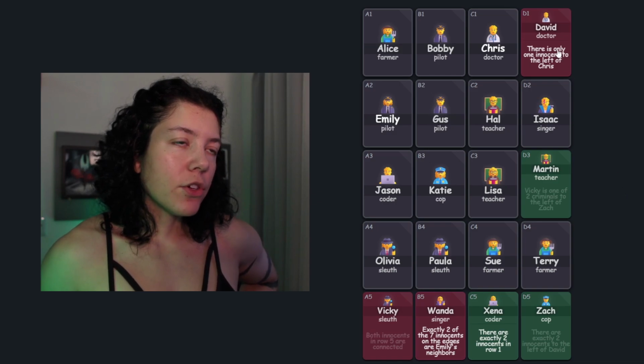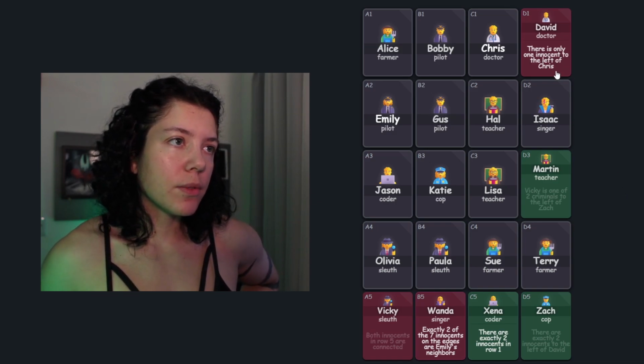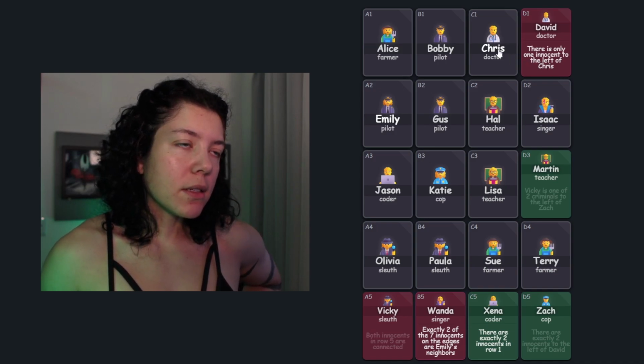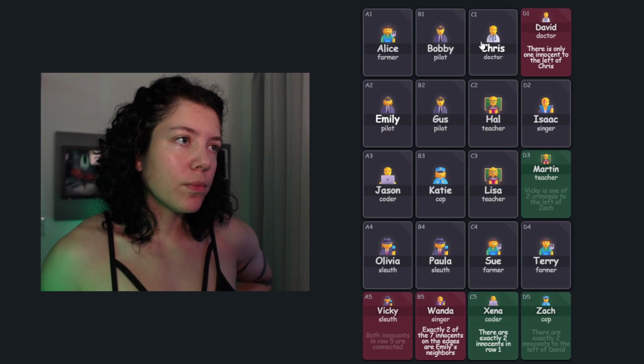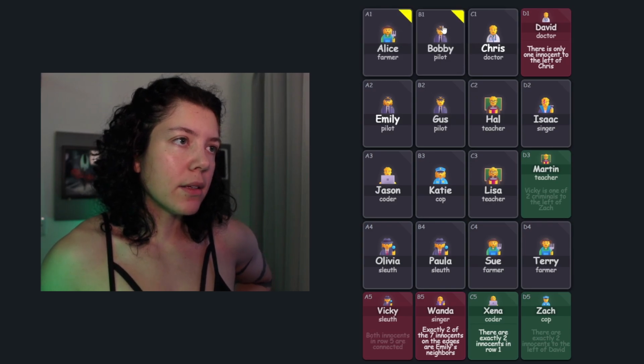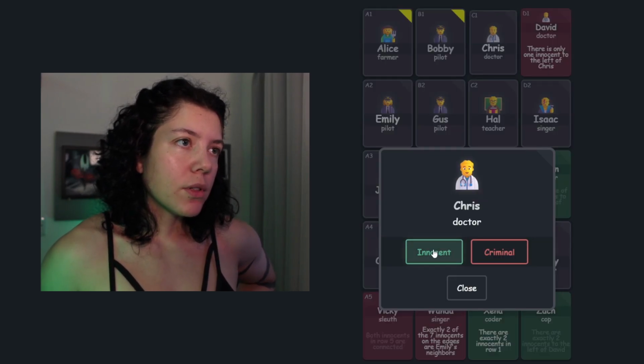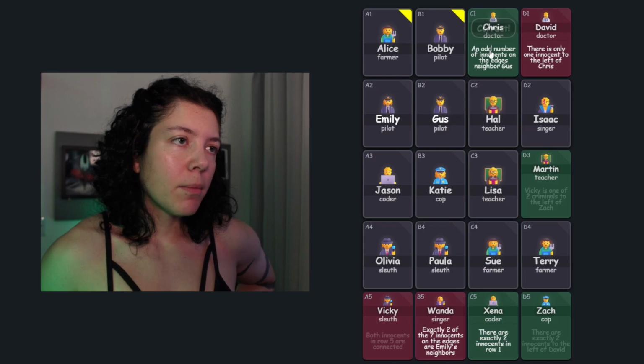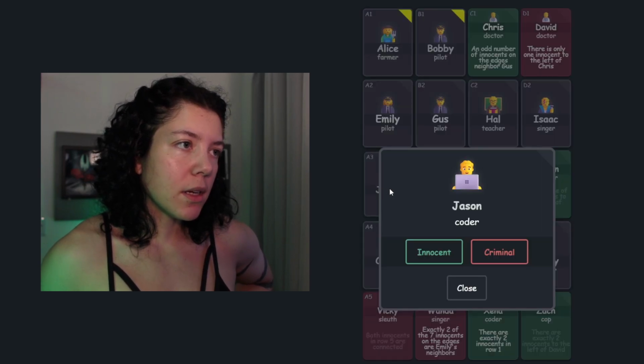But we can check David's clue telling us that there's only 1 innocent to the left of Chris. So Chris has to be one of the innocents in row 1, since there's 2, and there's only 1, either Alice or Bobby. So Chris is an innocent. But that also tells us that Jason is one of the innocents on the edges that neighbor Emily.